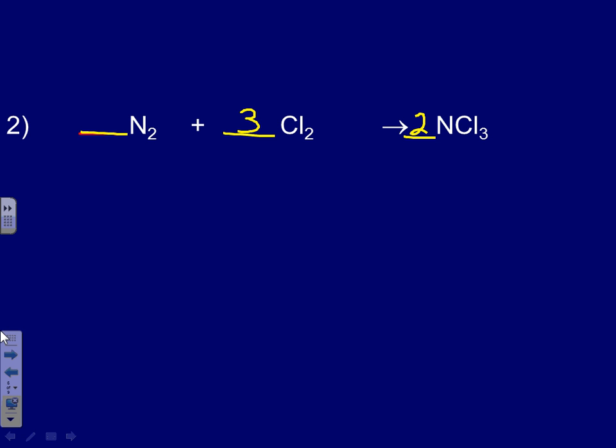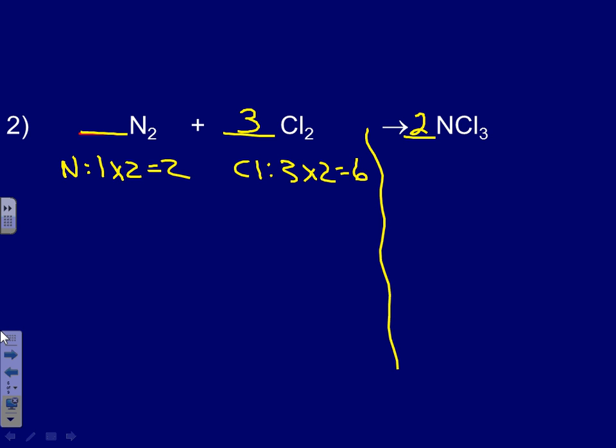So to check, I'm going to do exactly what I've done before. 1 times 2 is 2. Remember, the first number is the coefficient, the second number is the subscript. For the CL, 3 times 2 is, and if you're terrible at math and you don't know what 3 times 2 is, get a calculator to sit there. Don't tax your brain over 3 times 2.